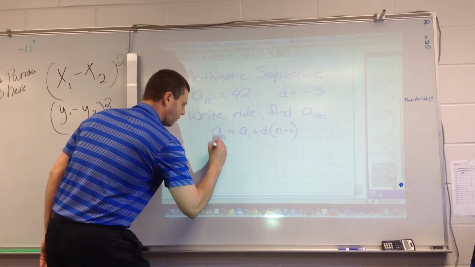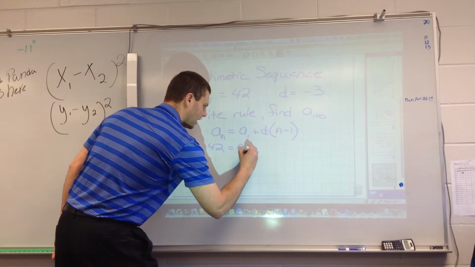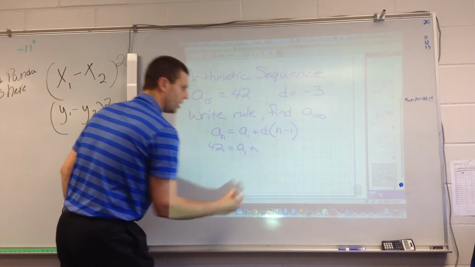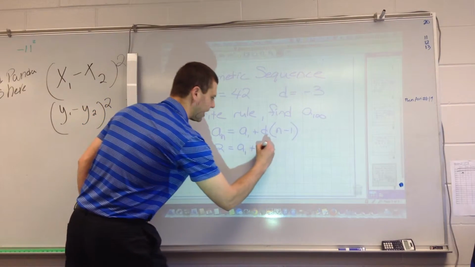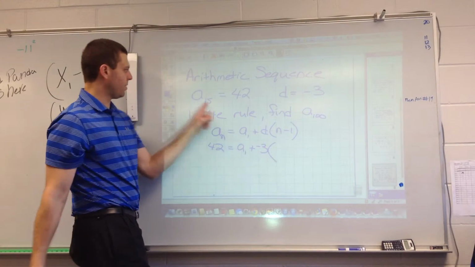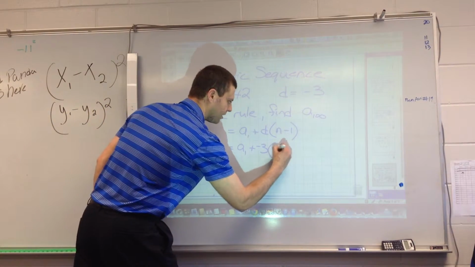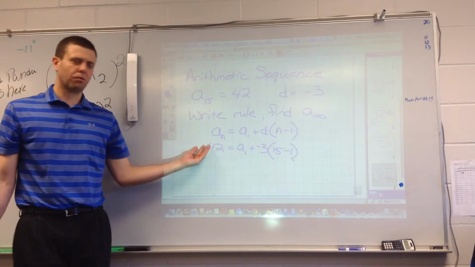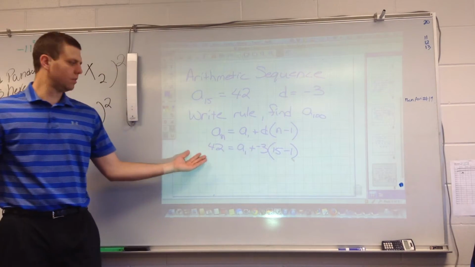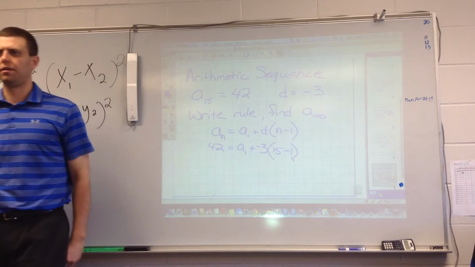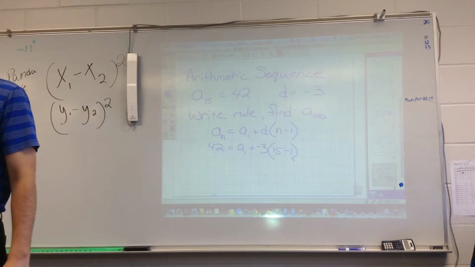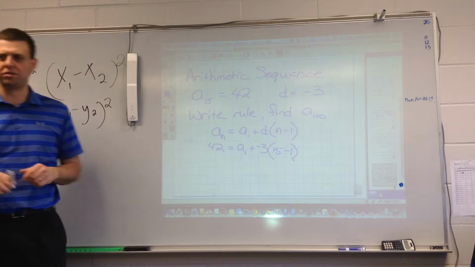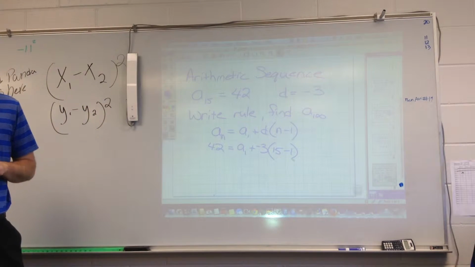So I'd write 42 equals a sub 1 plus my common difference, which was negative 3, times, what number did I plug in for n? 15. Okay? So I would just write out this rule and then solve for a sub 1. Because once you have a sub 1, then writing the rule is simple and you can finish the problem.